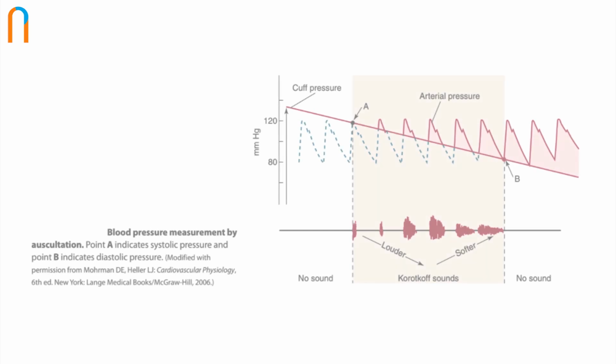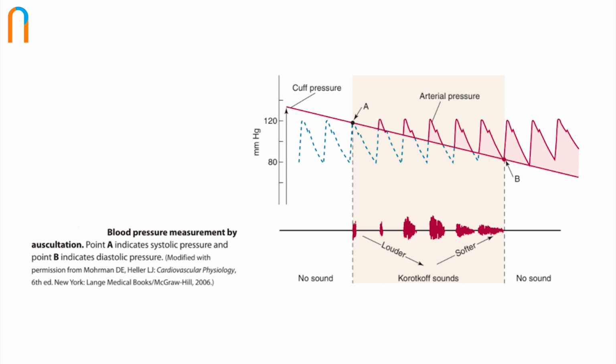Recall that the systemic arterial pressure fluctuates with each heart cycle between a diastolic value and a higher systolic value. Obtaining estimates of an individual's systolic and diastolic pressures is one of the most routine diagnostic techniques available to a clinician.